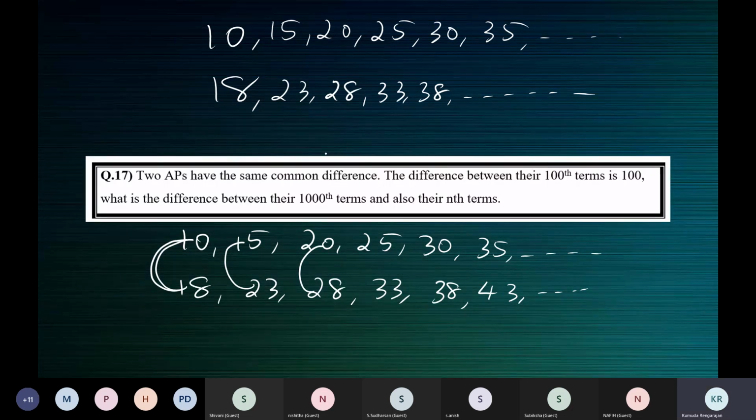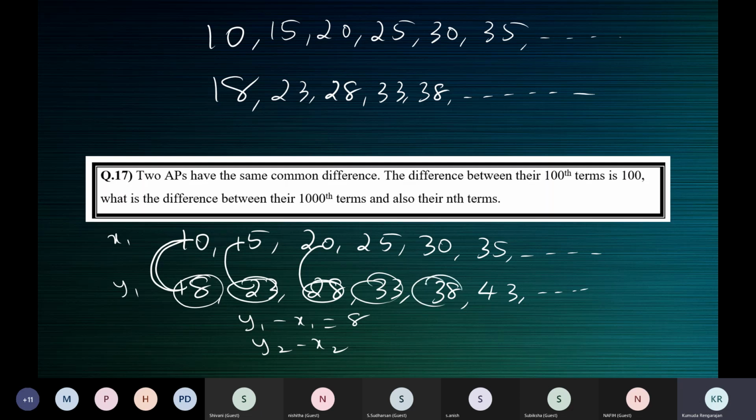So if I call this one x1, x2, x3 and so on, here y1, y2, y3 and so on, what is y1 minus x1? That is the difference between their first terms, 8. What is y2 minus x2? 8.